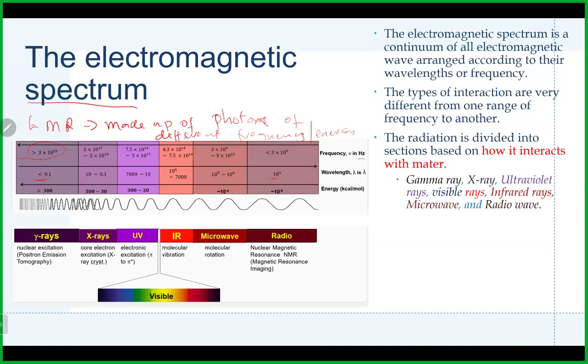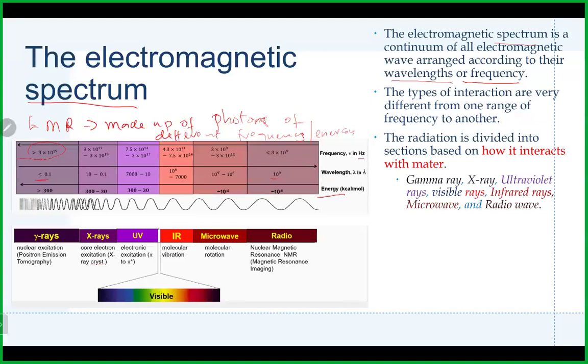Now, I said a spectrum is an array of entities. So the electromagnetic spectrum is an array or a continuum of all the electromagnetic waves arranged according to their wavelength or frequency, or if you prefer, their energy, whichever one you want to pick.